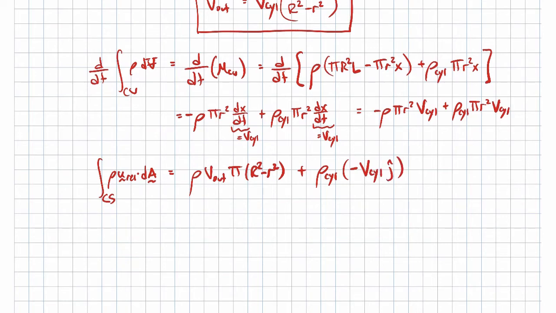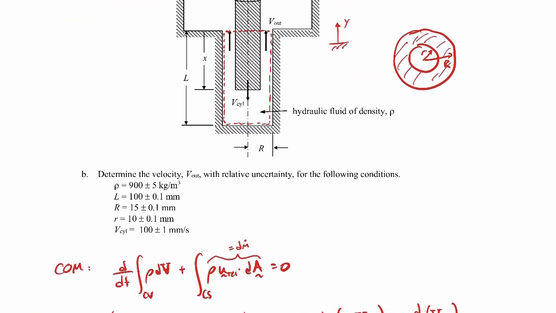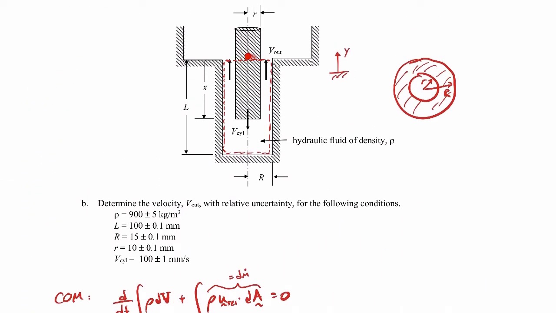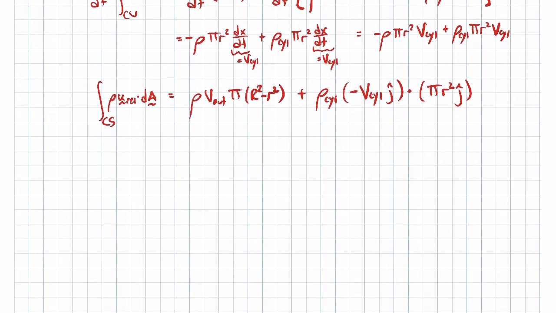And then the area through which it's coming in will just be pi little r squared times j hat, because that's this area right here. And the normal vector, of course, is still pointing upward and outward. So this area is just pi r squared in the positive j hat direction. So that's that term.